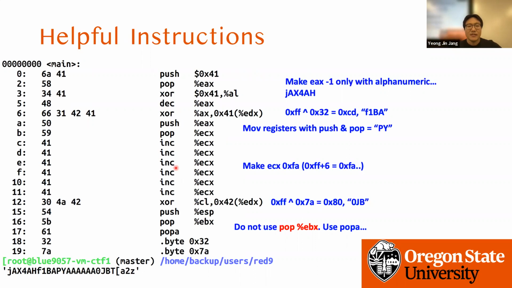And this is the magic instruction that I use: XOR AX with the value at the location pointed to by EDX. To do that, you need to put EDX as the start of the shellcode address. Then you can apply XOR to change 0 and Z to the CD80. As a result, you will see some speakable shellcode. This is a bad example, so you can ignore this, so that you can speak out your shellcode.